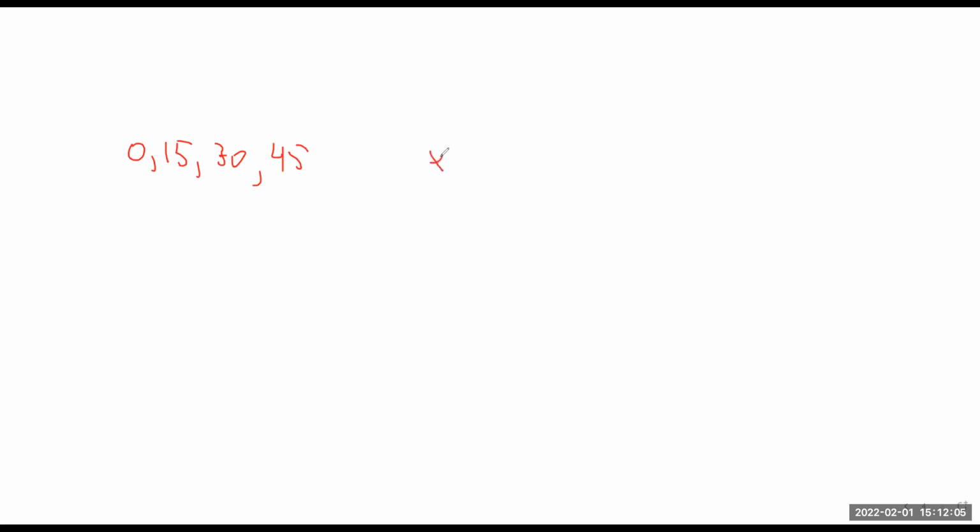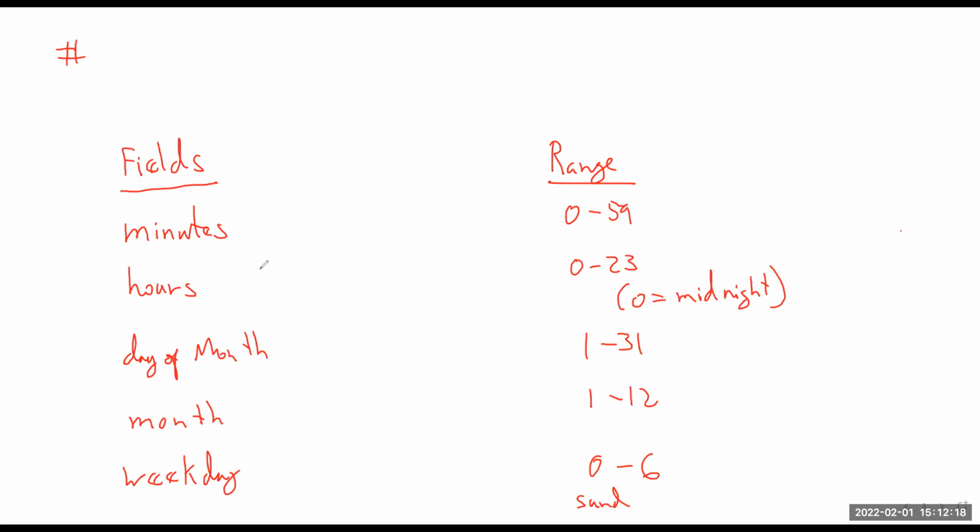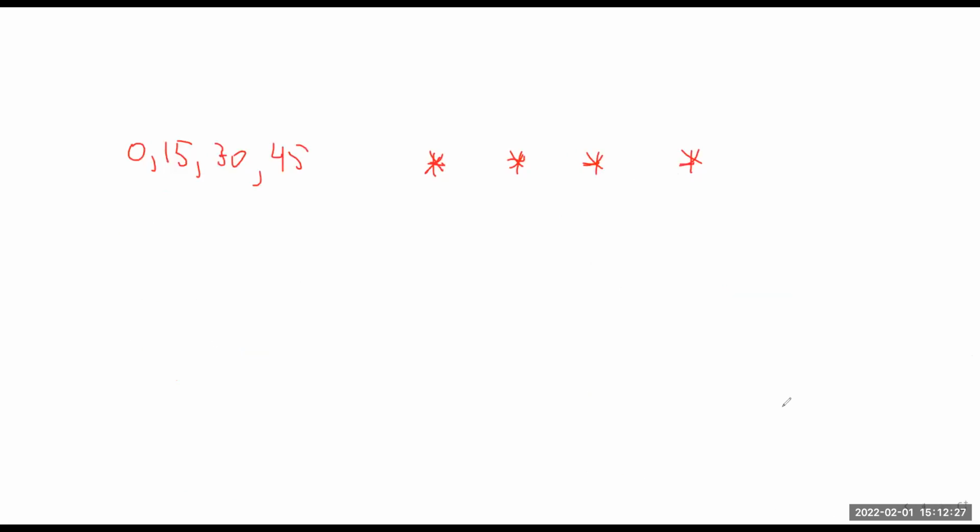Then I do asterisk, asterisk, asterisk, asterisk. Remember, there are 1, 2, 3, 4, 5 scheduling fields, and then the command. So I'm going to do 0, 15, 30, 45, asterisk, asterisk, asterisk, asterisk.